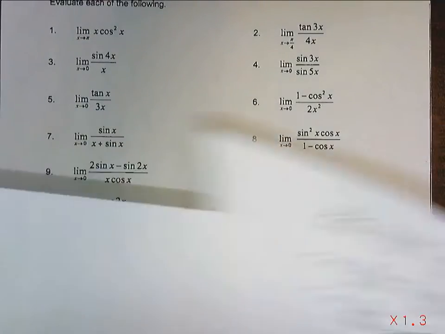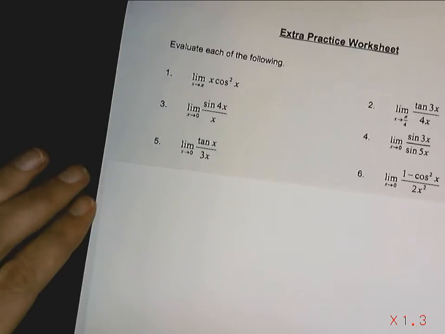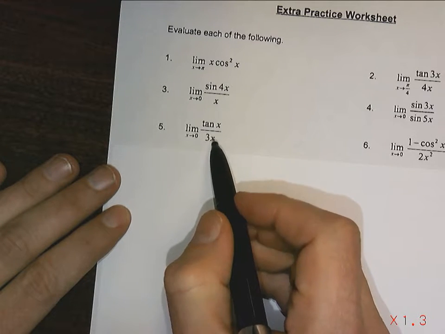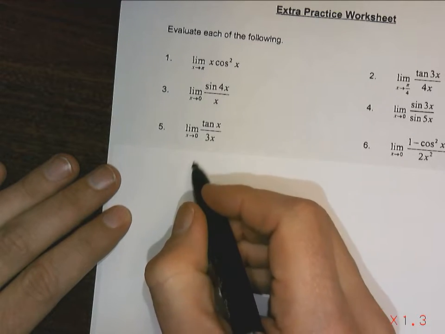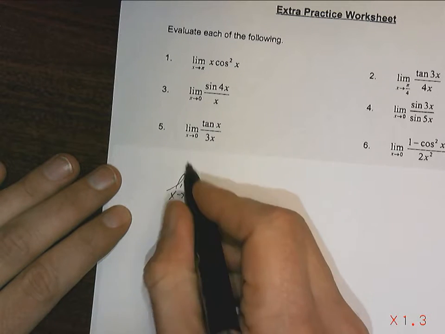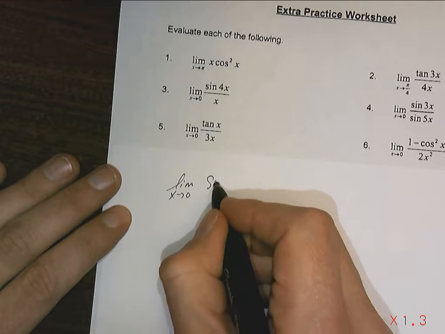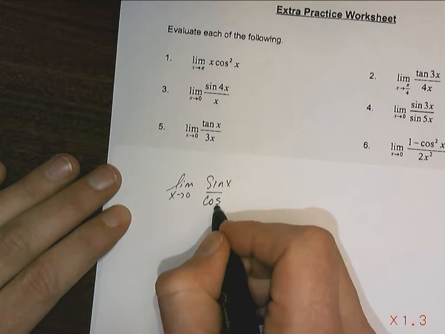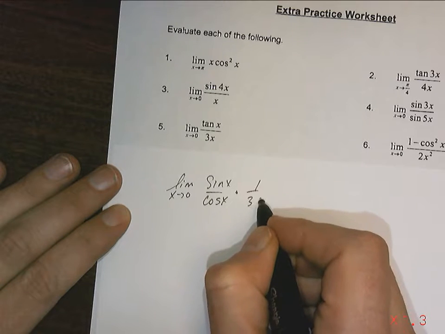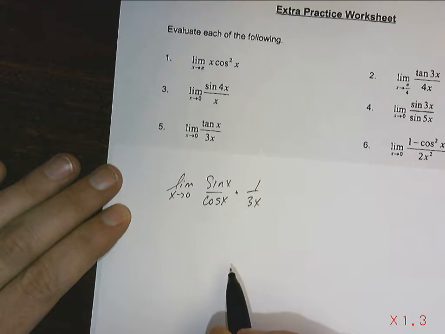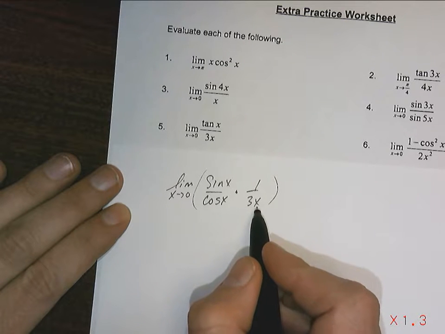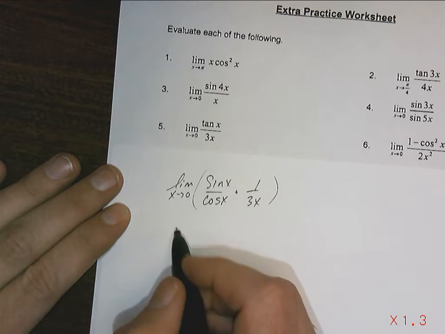Let's look at the next two. So tan of 0 is 0. 3 times 0 is 0, so that's indeterminate, so I have to do some work. I don't know any theorems with tan, so I'm going to change it to sine x over cos x, all multiplied by 1 over 3x. What I'm thinking about here is getting a sine x over x.